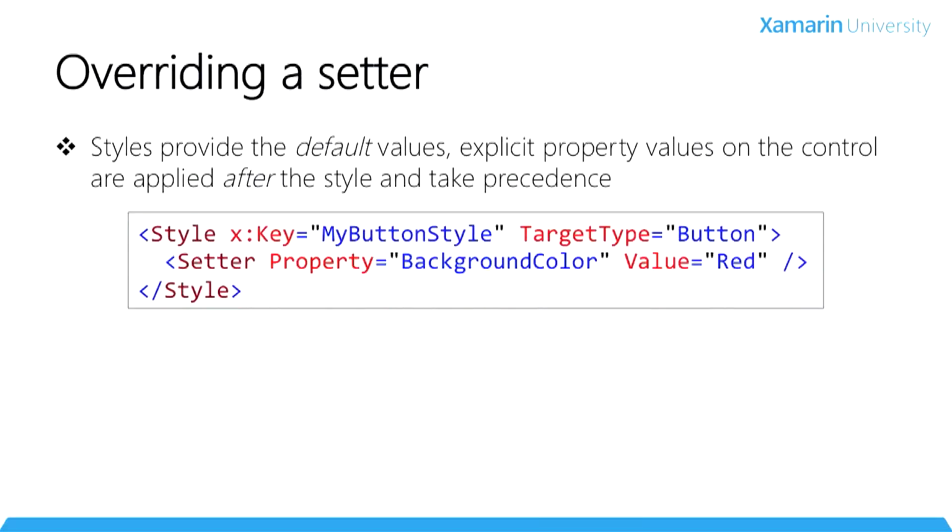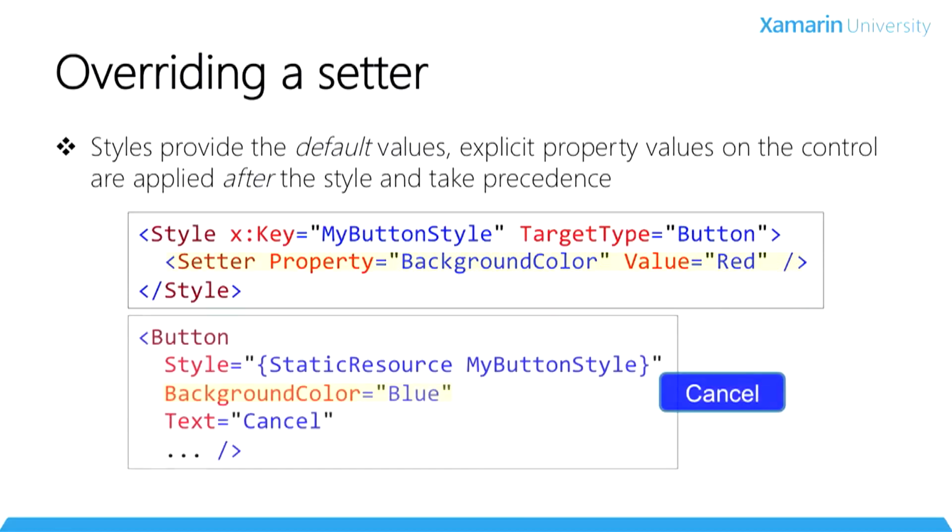Let's talk about the order of precedence of styles and property values. So suppose you have a property setting in a style. You apply the style to a control, but then explicitly set the same property directly on the control. The direct setting overrides the one from the style, and the property will take on the value of the direct setting. So for example, suppose you're considering whether to use a style written by someone else, and you don't own the style, and you can't modify it.